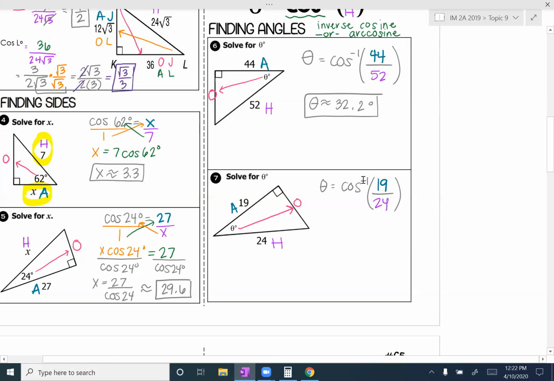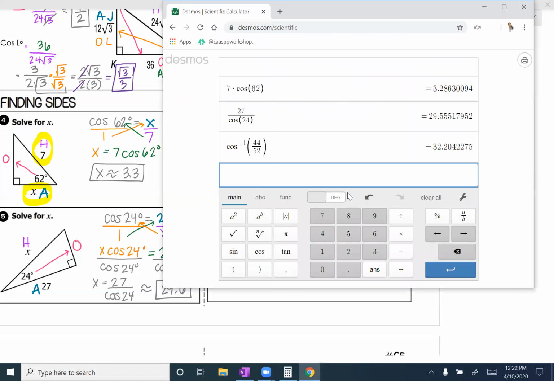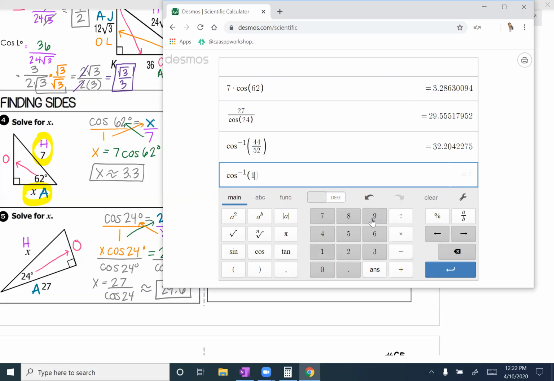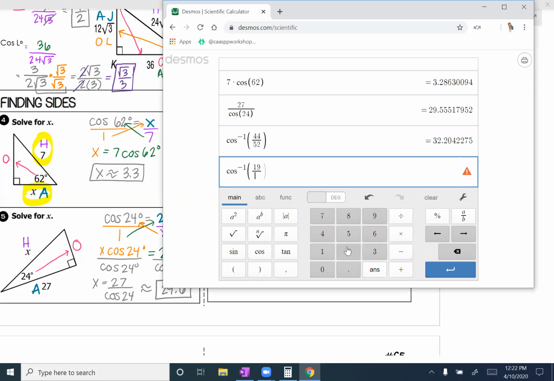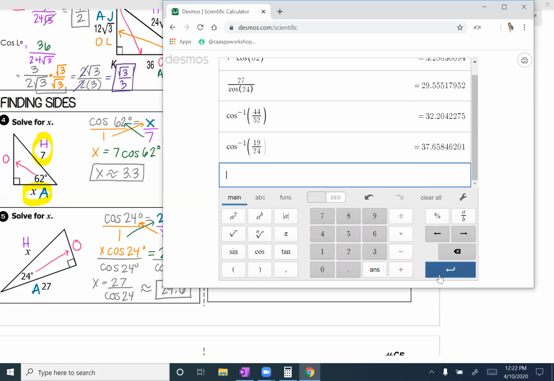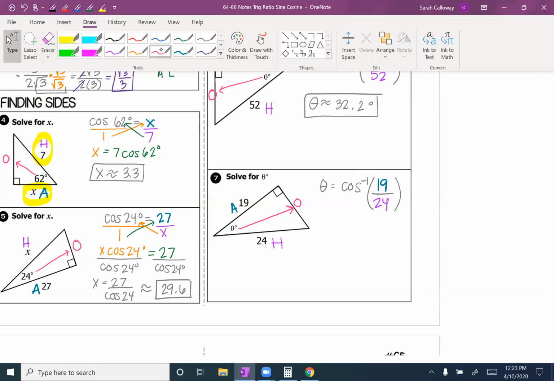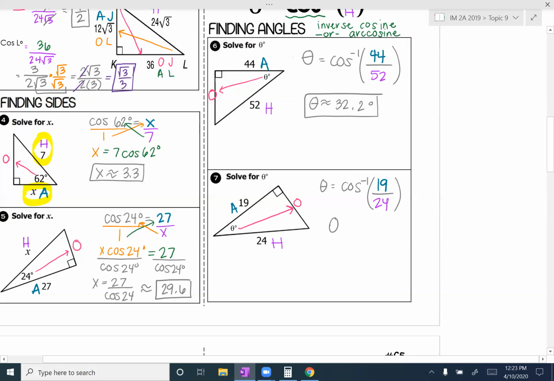So if we calculate on our calculator the inverse cosine of 19 divided by 24, we get 37.6, which is going to round up to 37.7. So theta is about 37.7 degrees.